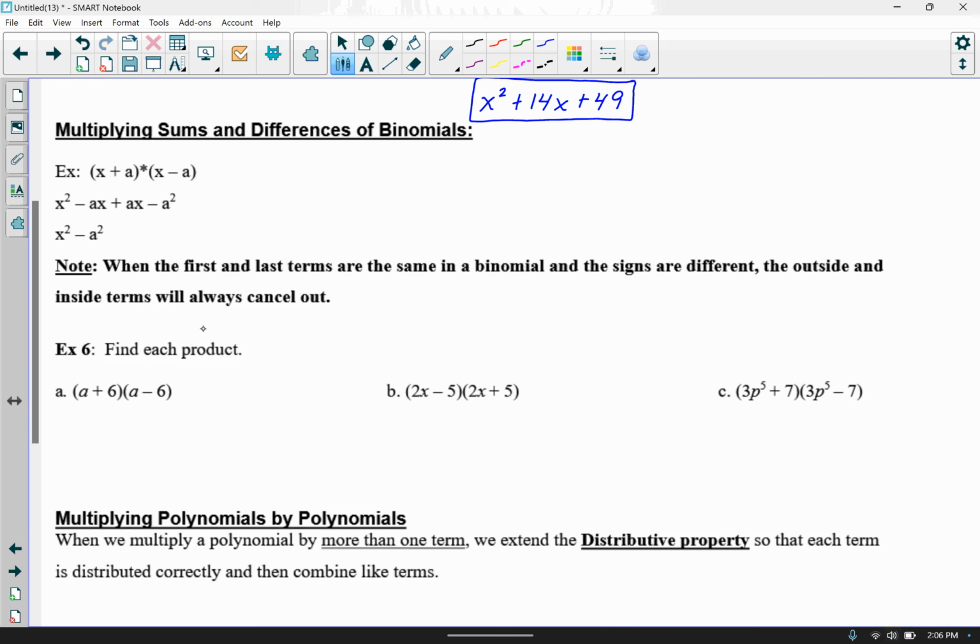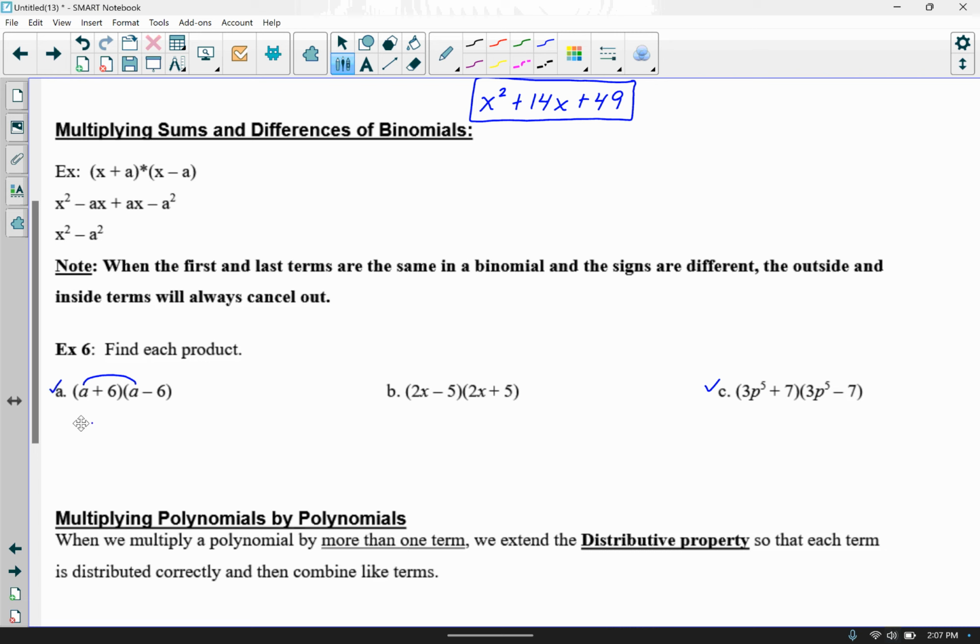So I'm going to come down and do letter C here. And I'll do A and C with you just so you could get a good representation. So find each product. It's a 2 term times another 2 term, so you're just foiling. When I FOIL here, you'll notice that the first terms are both A's, the last terms are both 6's, the only difference is a positive and a negative, okay? So as we FOIL that out, you're going to see how those inside terms will cancel out in this case.